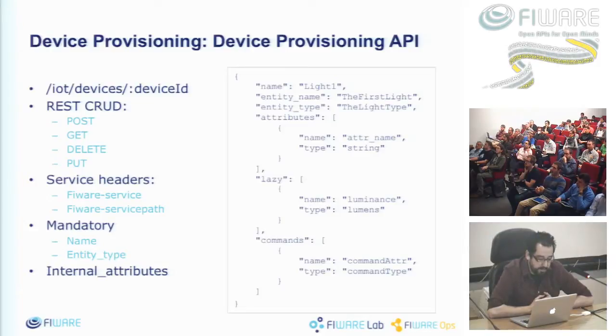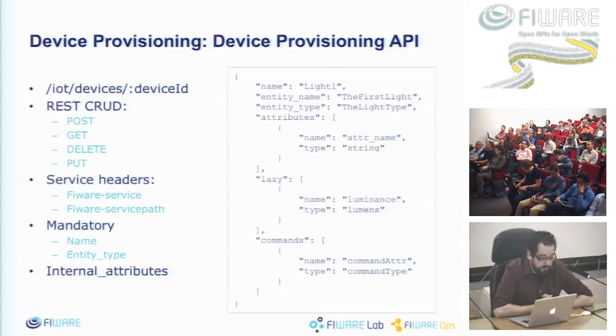The generic information about the device itself, and the attribute information that indicates what is the kind of interaction each attribute is going to have with the context broker, and also the type that will be used to write that attribute in the context broker.